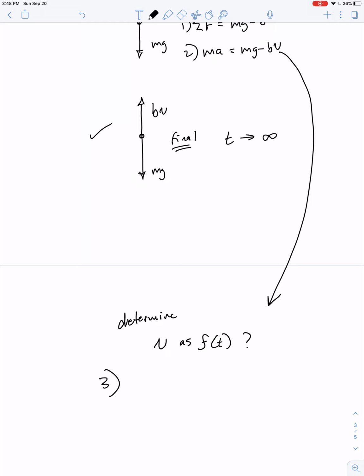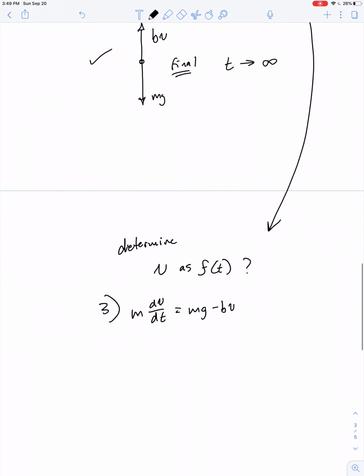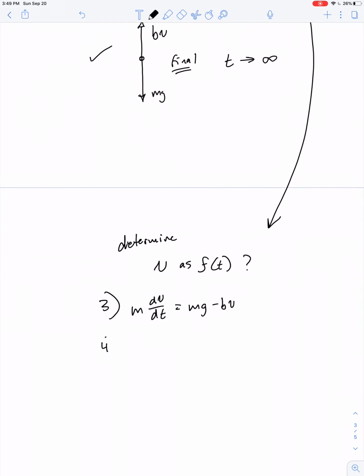So in step 3, we're just going to substitute for a, dv/dt. So m dv/dt equals mg minus bv. I believe that's the same thing as negative m over b times dv/dt equals negative mg over b plus v.